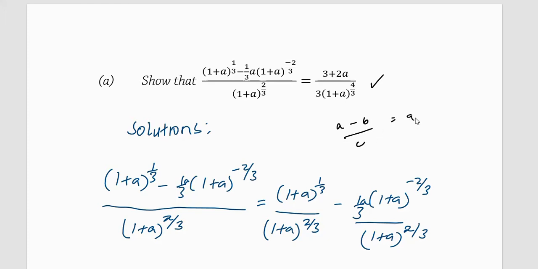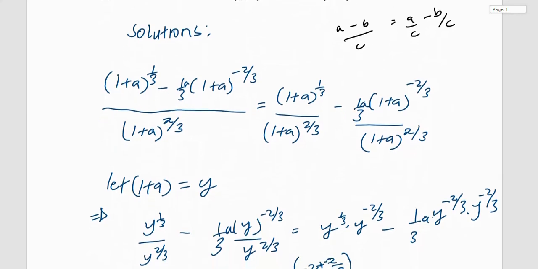This is the same as a out of c minus b out of c. So what I have done here is (1 plus a) to power 1/3 divided by (1 plus a) to power 2/3, minus 1/3 a (1 plus a) to power negative 2/3 divided by (1 plus a) to power 2/3. I haven't changed anything in this expression.